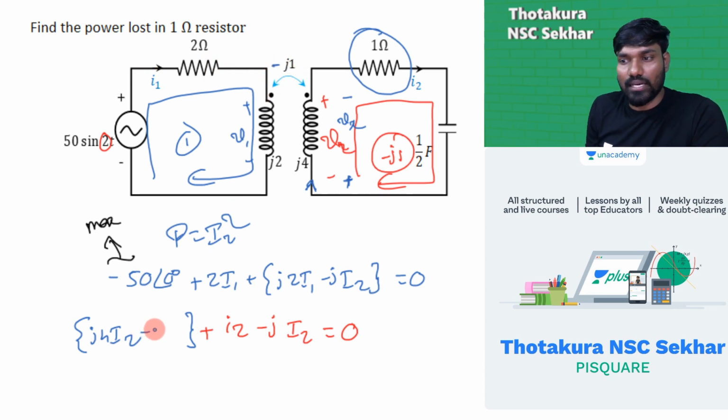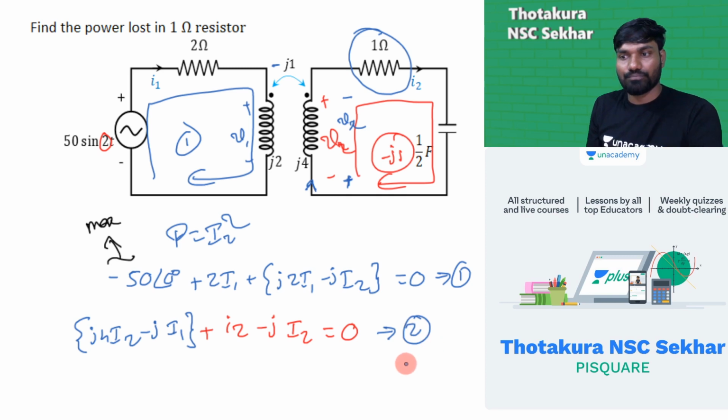So use minus J1 into I1, minus J I1. This is the first equation, this is the second equation. How many unknowns are there? 2 equations, 2 unknowns, you can easily solve. I don't think you will face any problem in solving these 2 equations.